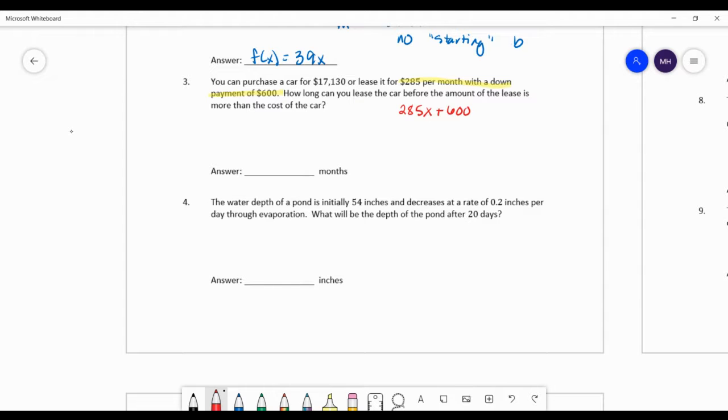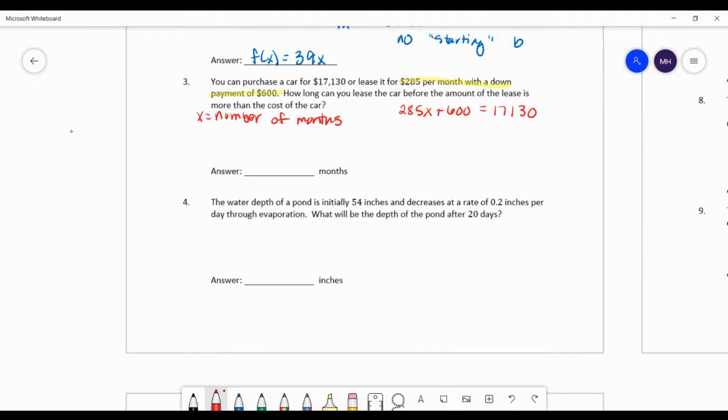So there's your mx plus b. And we want to set it equal to the 17,130 to see how long it takes until this lease equals the cost of the car. Okay, x here equals the number of months.